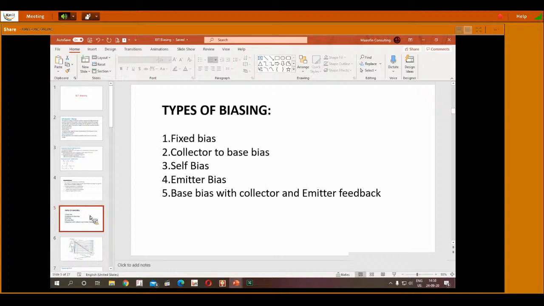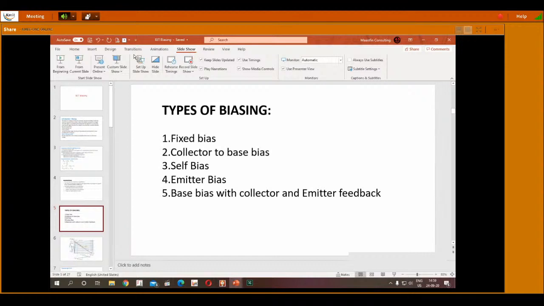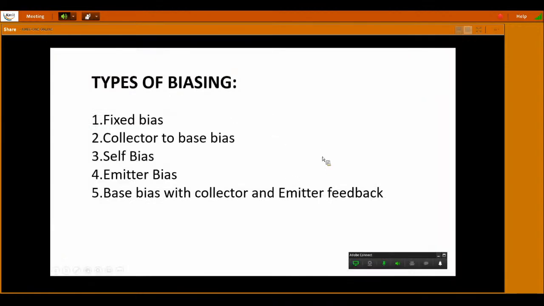Next, we'll move to the next slide. How many types of biasing do we have? There are majorly five types of biasing techniques. Out of these five, the familiar one is self bias, which is also called voltage divider bias, and also emitter bias.